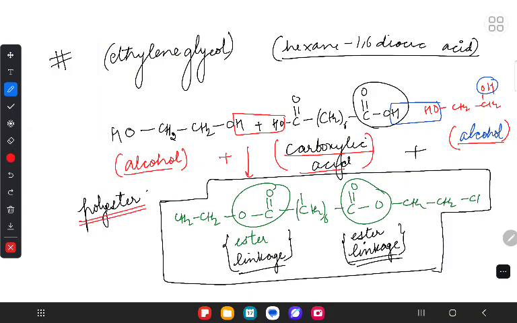What's the point or not? Yes. Got it? So that's ethylene glycol. Got it? So that's the idea.